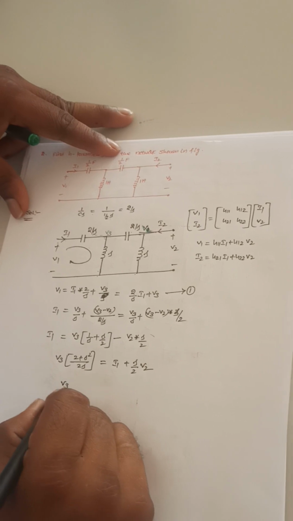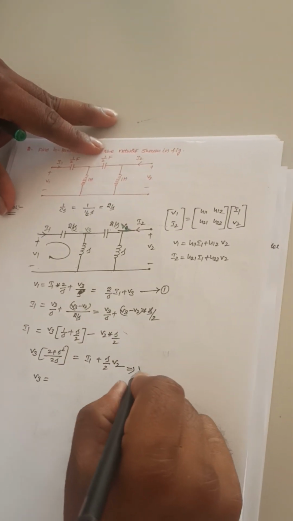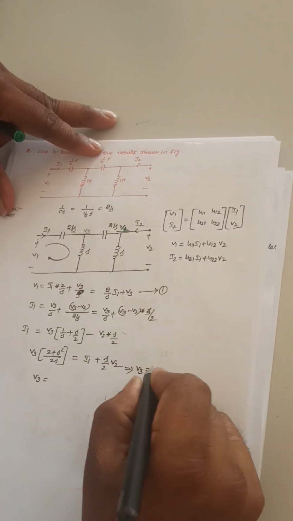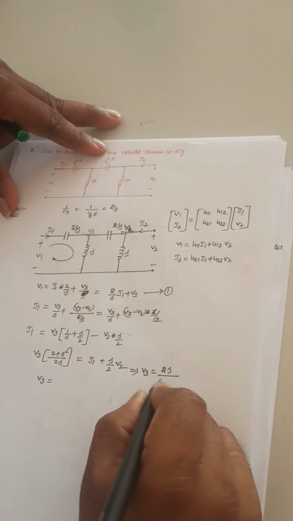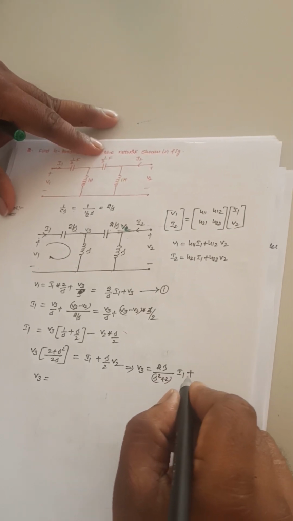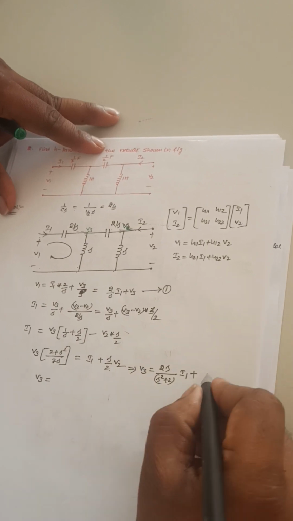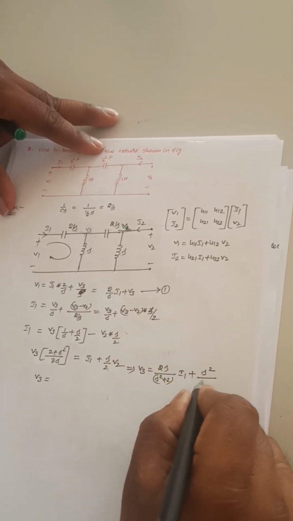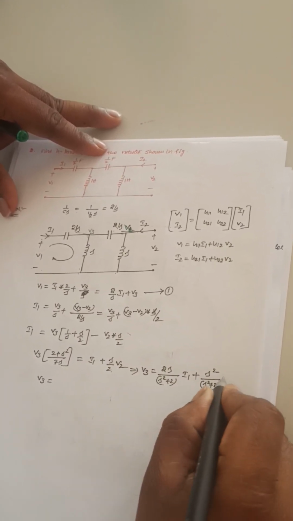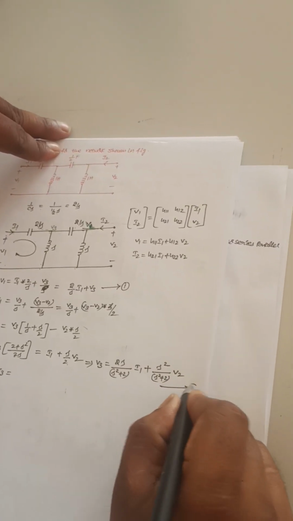Now V3 is equal to 2S divided by S square plus 2 into I1 plus 2S into S by 2 here. These two will get cancelled. So it is S square divided by S square plus 2 into V2. Let us consider this equation as 2.